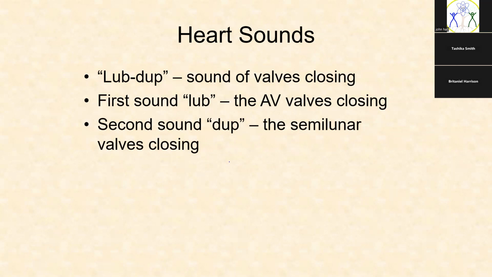So blood hitting both those valves will contribute to that first sound, the lob sound, which is the loudest of the two sounds. Okay? So AV valves slamming shut, blood smacking into them, lob sound.